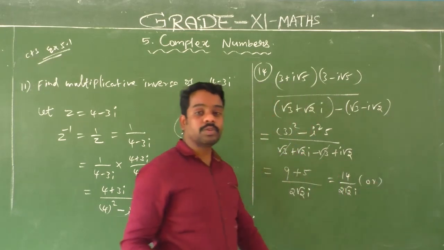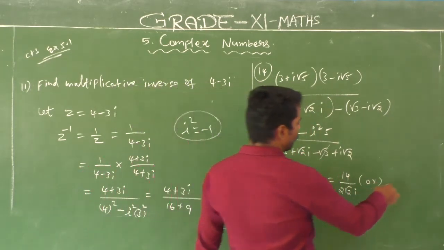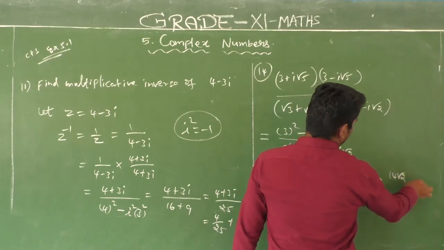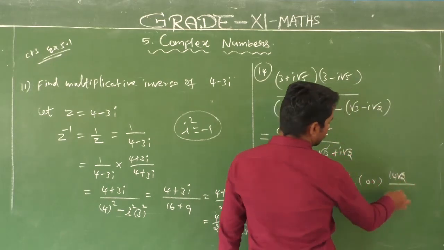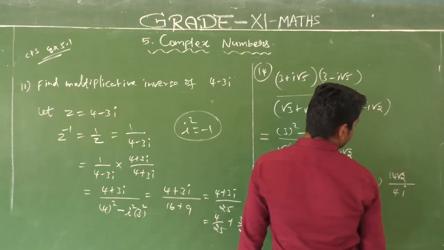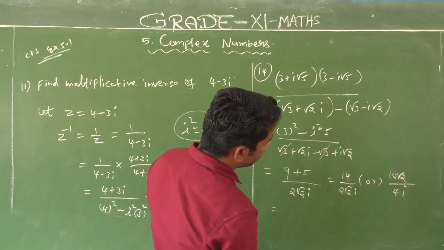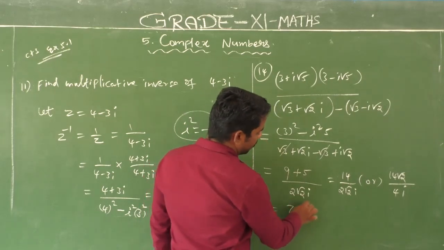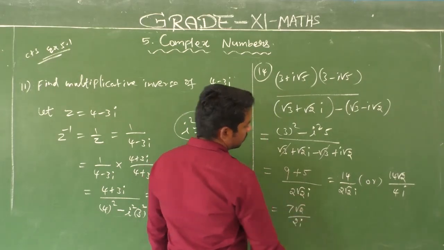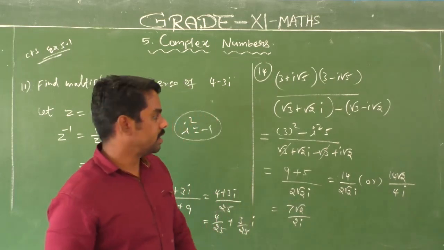Multiply by root 2 on numerator and denominator: 14 root 2 divided by 2 root 3 into root 3 is 4. This simplifies to 14 root 2 by 4, that is 7 root 2 by 12.